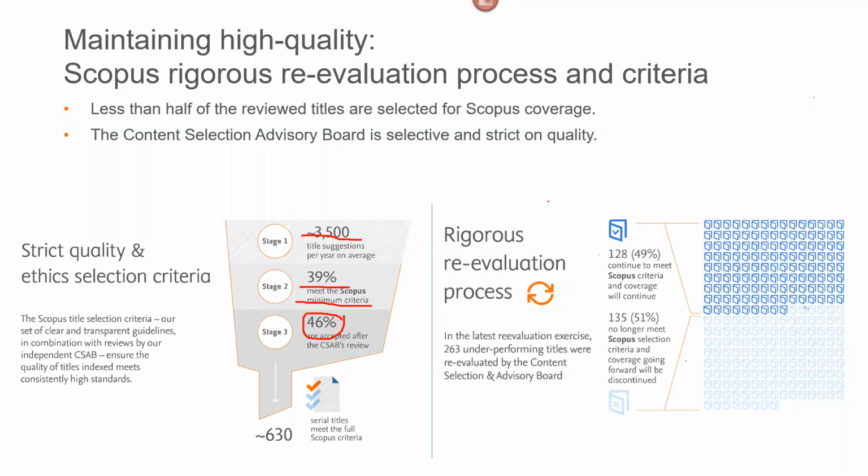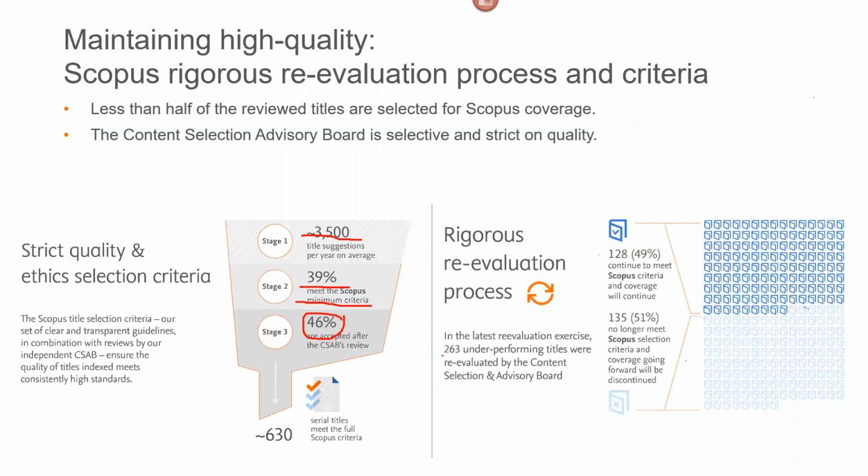If you realize any strange behavior in a journal, then you inform us, and then it goes to the Content Selection and Advisory Board to check it. And third, we have software which checks if the behavior of the journal has changed. For example, if the number of articles per issue has increased a lot, or the number of citations increased a lot, then again it goes to revision. So again, that's one example.